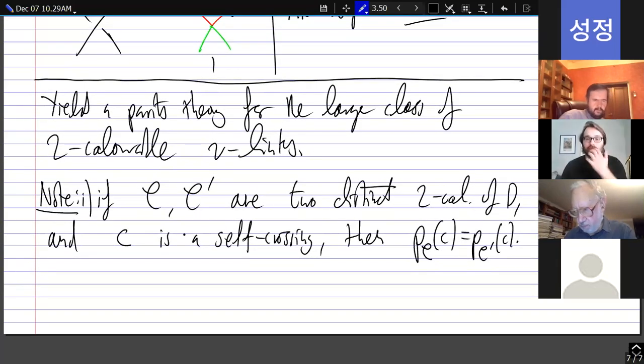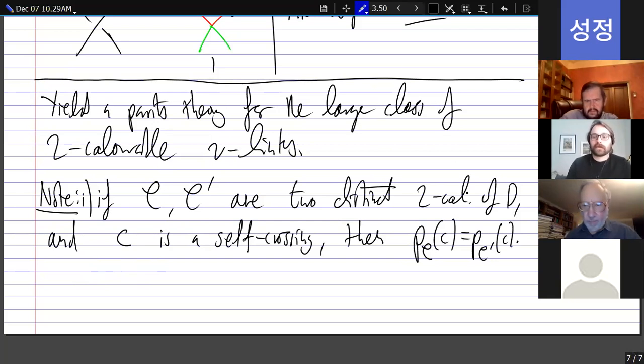I told you that this whole construction was very dependent on picking a two coloring, and it is in general. Different two colorings will give you different parities, but for self crossings, that doesn't happen. And so maybe I'll give a quick diagram as to why.